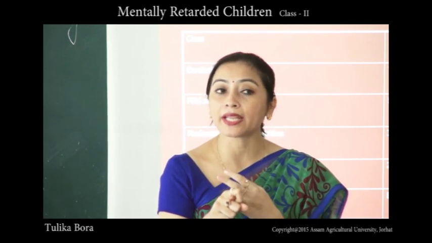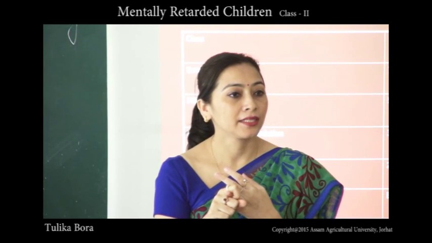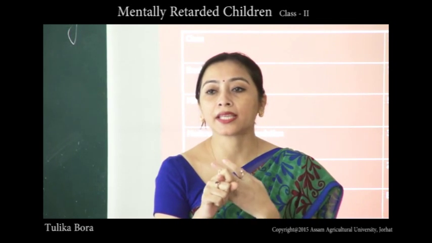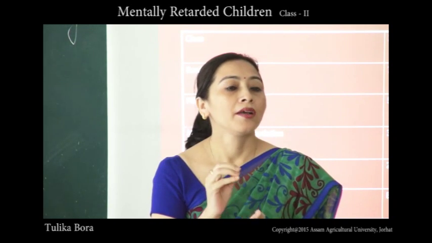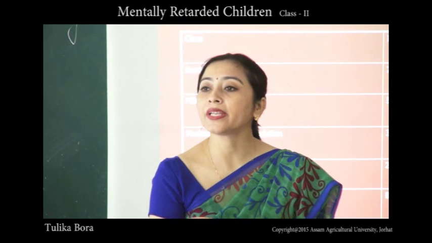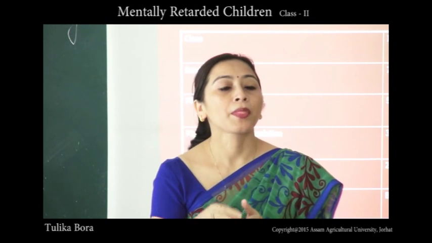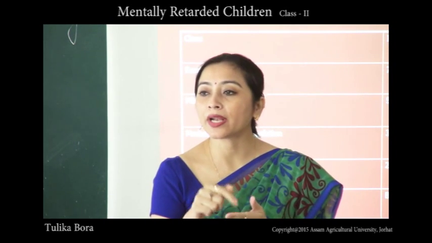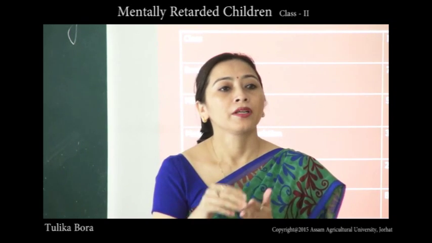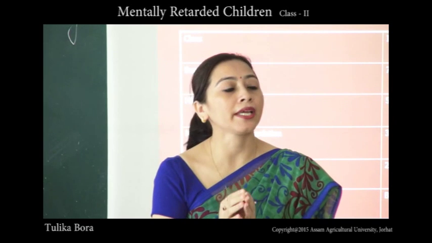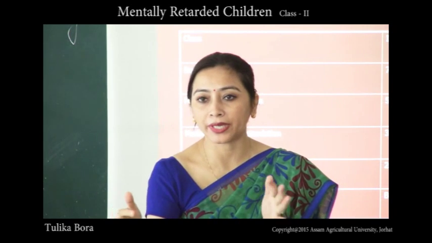Now do you know what is mental age and what is chronological age? Mental age is the age calculated by administering different intelligence tests. But chronological age is our age by our birth. It is expected that at this age this much mental age should be there.